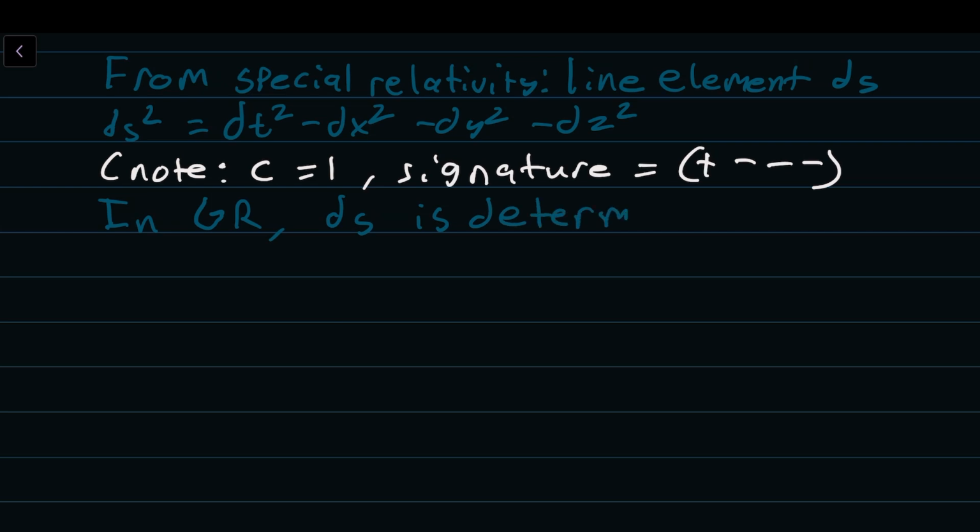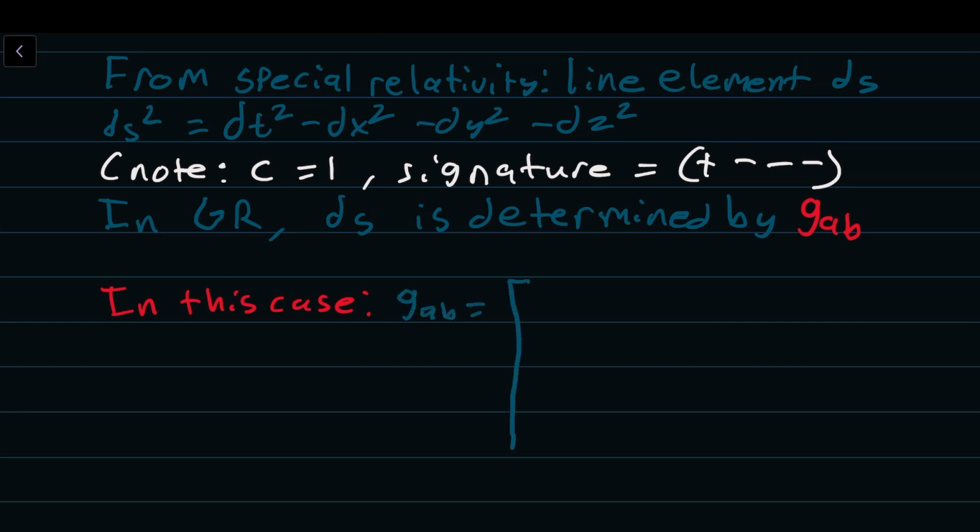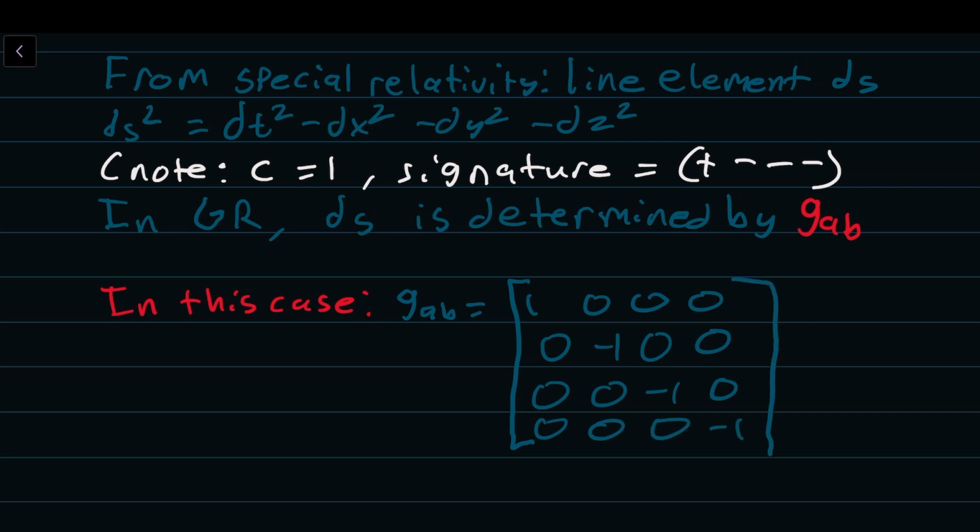And then in GR, we have the same ds, except it's now not just one thing, but it's determined by this equation. So g_ab is a 4x4 matrix, and so we have an equation to get ds squared from g_ab. In this case, we're going to look at what g_ab would be for our special relativity equation. And what we see is that this is basically the identity matrix, except the dx squared, dy squared, and dz squared terms are -1 instead of 1.